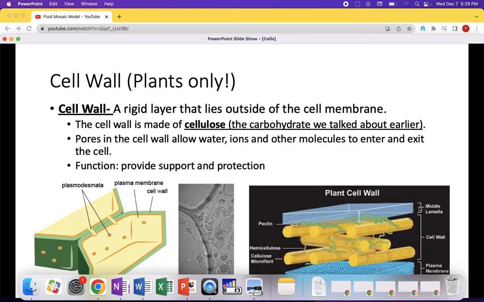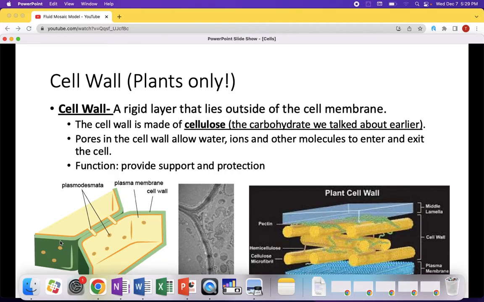All right. The cell wall, that is plants only. The cell wall is a rigid layer that lies outside of the cell membrane. So plants have the cell membrane as well, but they also have the cell wall. The purpose of the cell wall is to help provide support and protection. It's made of cellulose, which is one of the carbohydrates that we talked about in the macromolecule unit as well.